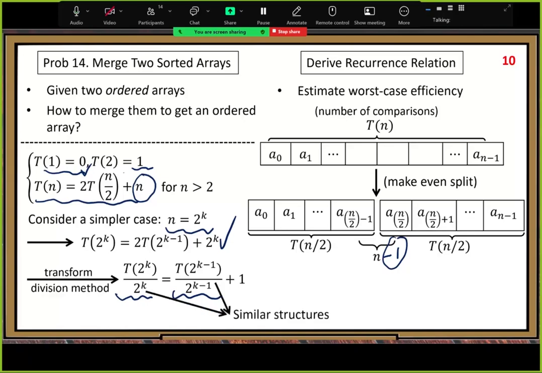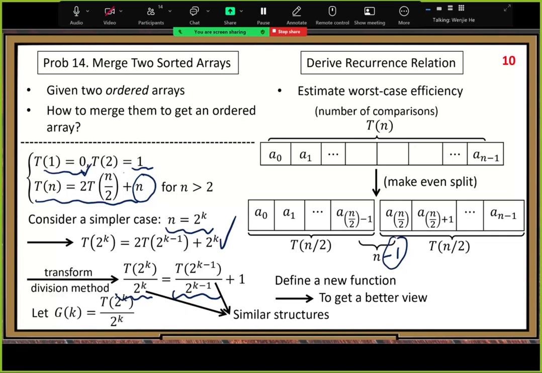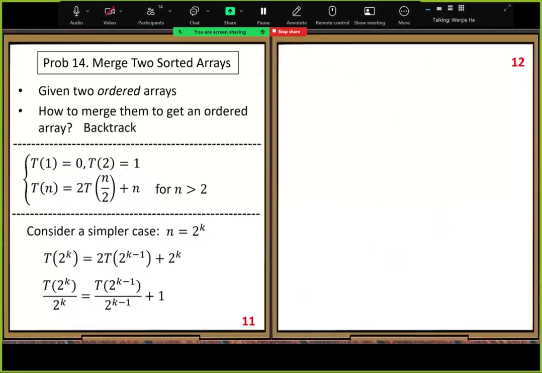With a similar structure, let us define a new function. We let g of k equal that fractional form, T of 2 to the k over 2 to the k. After we introduce this g function, we can make the recurrence relation much simpler.